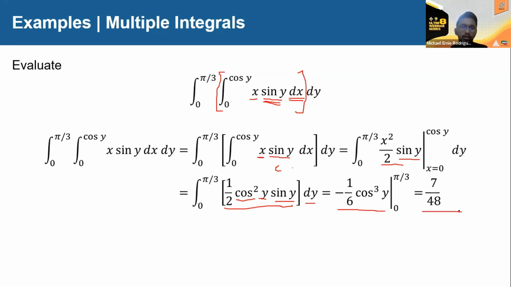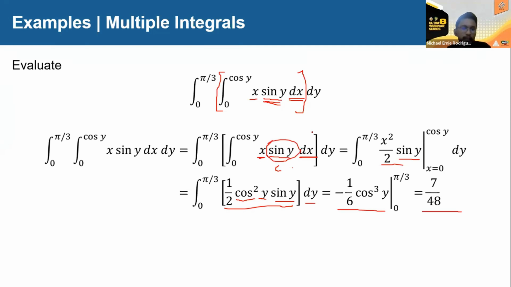So ganoon lang siya, no? So dito, double integral, we integrate twice. Okay? So take note lang, kapag ganito, so we have x sin y dx, we integrate with respect to x, no? So the other variable is treated as constant. In this case, yung sin y. So this is treated as a constant, no?